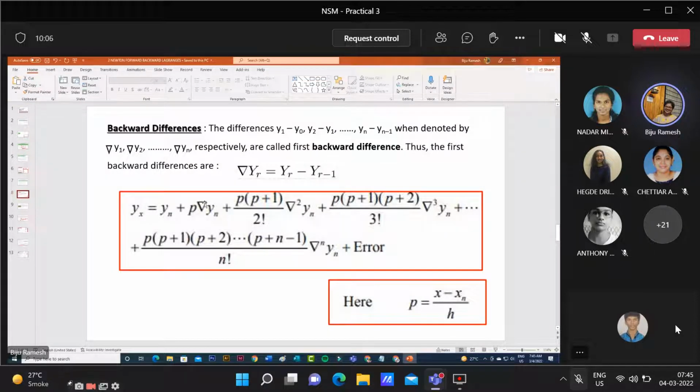You see here, the backward difference, you've got this Yn, and here also you see Yn. So this is the difference between the forward interpolation formula and the backward interpolation formula. The rest, calculating the p-value, also remains the same. So the rest remains the same.